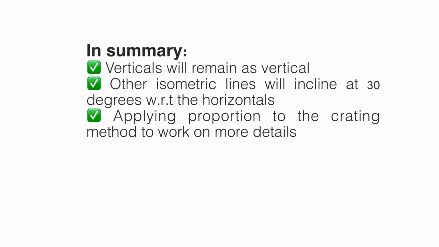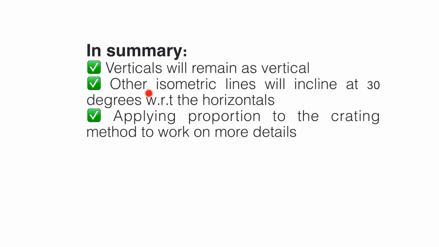Okay, so just to recap today's lesson, what we have learned so far is that in order to come up with good isometric sketches, you need to be mindful of 3 things. First, vertical lines will remain consistent as vertical.